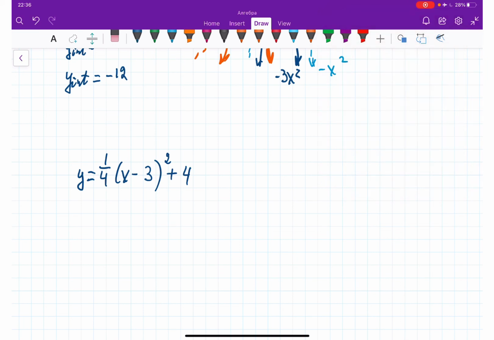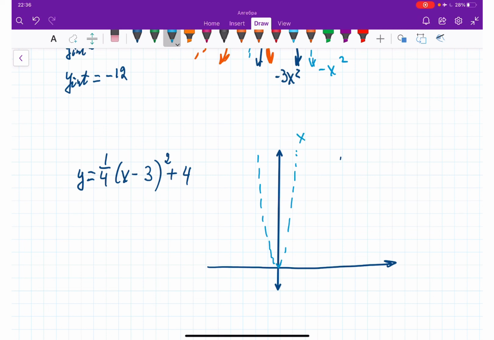This is how our graph is going to look. Okay. So if this is going to be my x squared, so 1/4 is going to be 1/4 x squared.